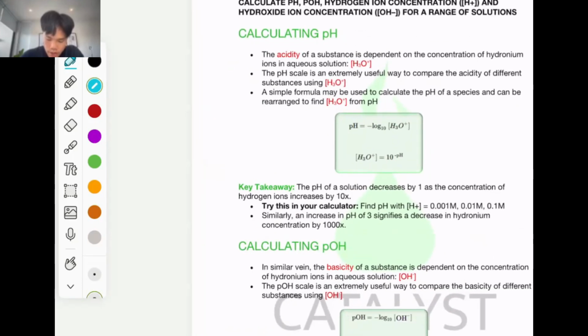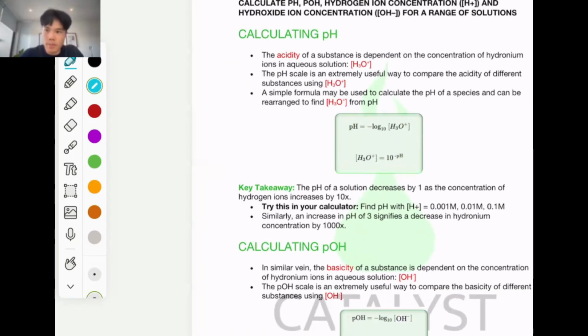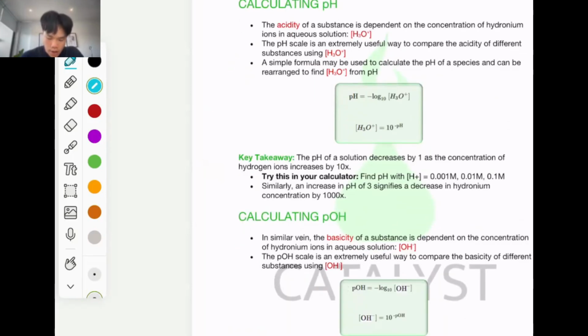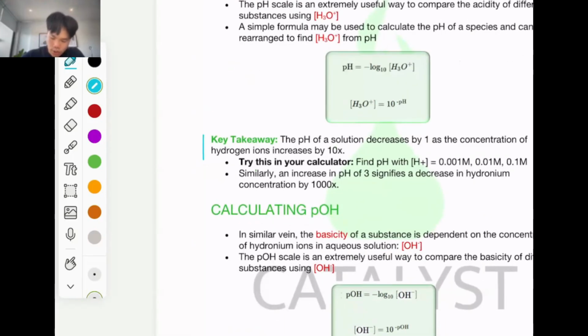Calculating pH and pOH. So we start to get into the quantitative part of Mod 6. pH is the negative log of hydronium concentration, or negative log of H+, and you can rearrange that to find the concentration of H+ as well. Every time pH increases or decreases by 1, so if pH decreases by 1, that symbolizes an increase in H3O+ concentration by 10 times.